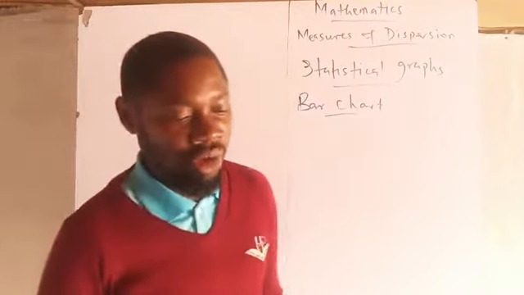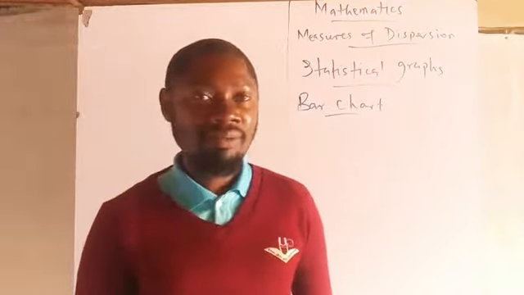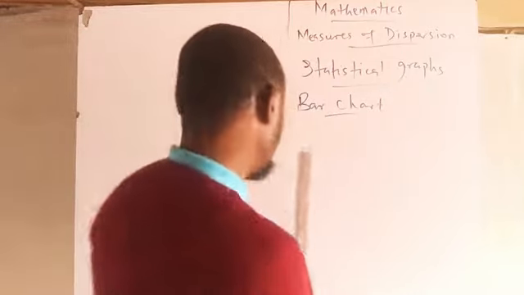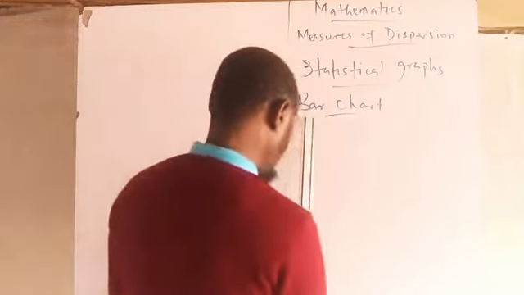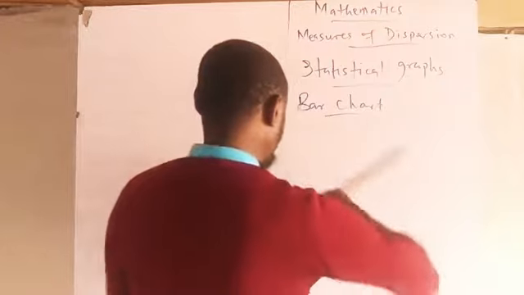I said the bar chart has equal widths but different heights that are proportional to the frequency that you are using. Now, to draw a bar chart, you need the vertical axis, which is the standing line. You need the vertical axis.